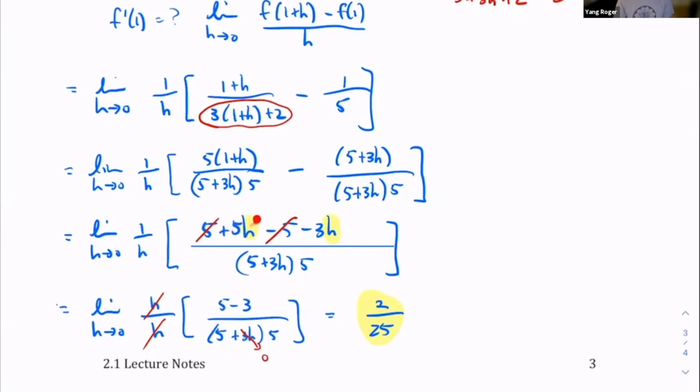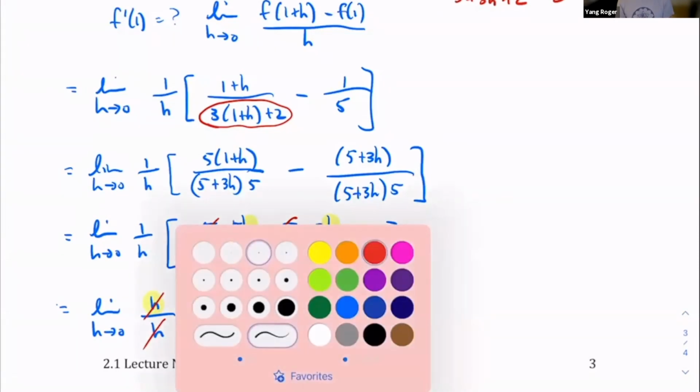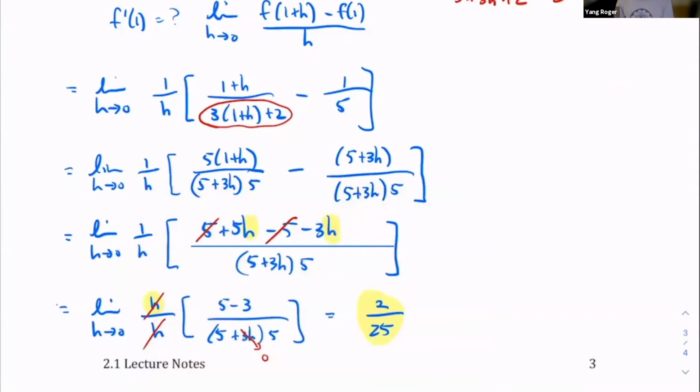So it doesn't become 5. What ends up happening is I have a 5h here and a minus 3h over here. And then because both terms have an h, I factor it out. And that h actually ended up over here. So that h moved to there. It's factoring. Does that make sense? It's like 2h plus 7h is equal to h times 2 plus 7. You just factor it out.